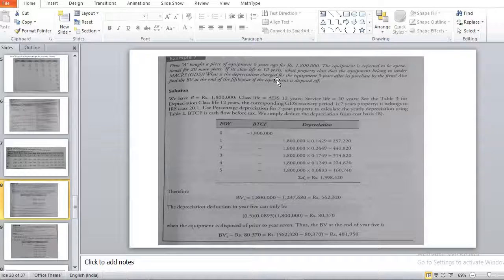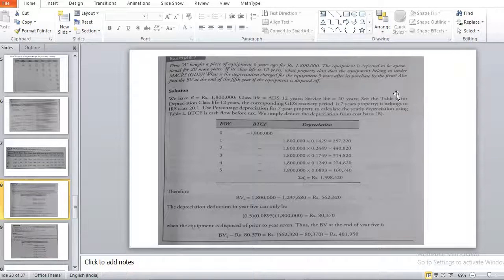If the class life is 12 years, what property class does the equipment belong to under the Modified Accelerated Cost Recovery System (MACRS) in the GD system? In the GD system, what is the depreciation charge for the equipment 5 years after its purchase by that firm? Also find the book value at the end of the 5th year if the equipment is disposed of.